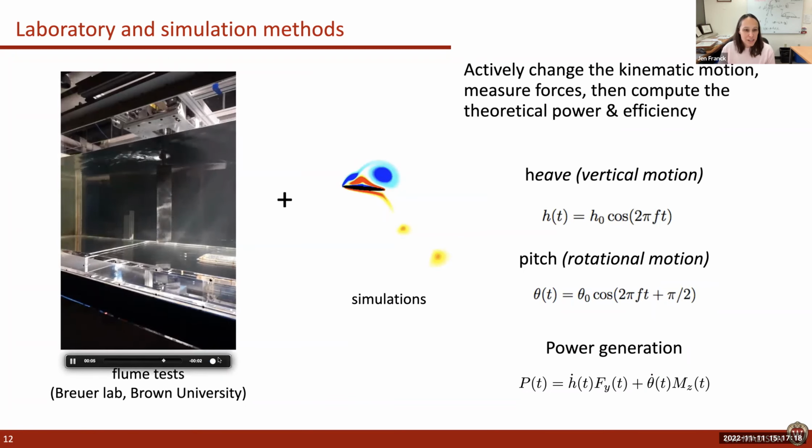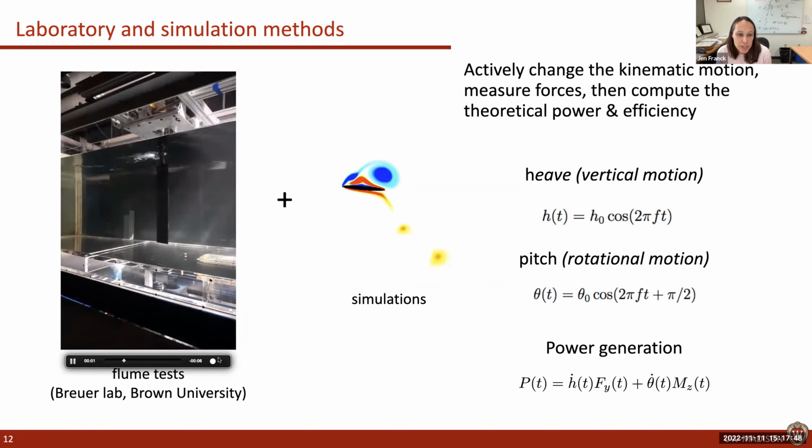All right, so the way that we've analyzed these systems is by doing a combination of flume water tests and simulations. The flume tests are performed at Brown University by my colleague, Kenny Breuer. In this example, you can see the foil is turned on its side, and we can actuate the precise heave and pitch kinematics of that foil and record the forces on it.